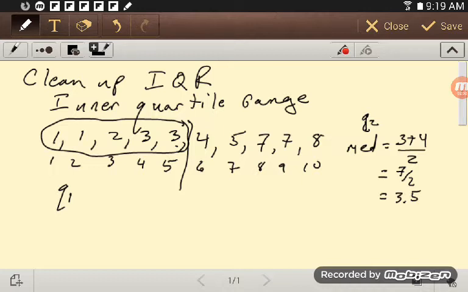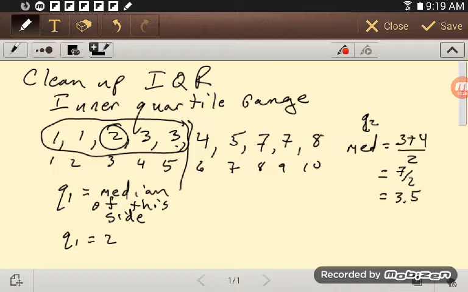50% of the numbers are on each side. Here, with quartiles, we want about 25% on each side. So Q1 is the median of this side. We can look here, we see that 2 is the middle number, and so Q1 is equal to 2.